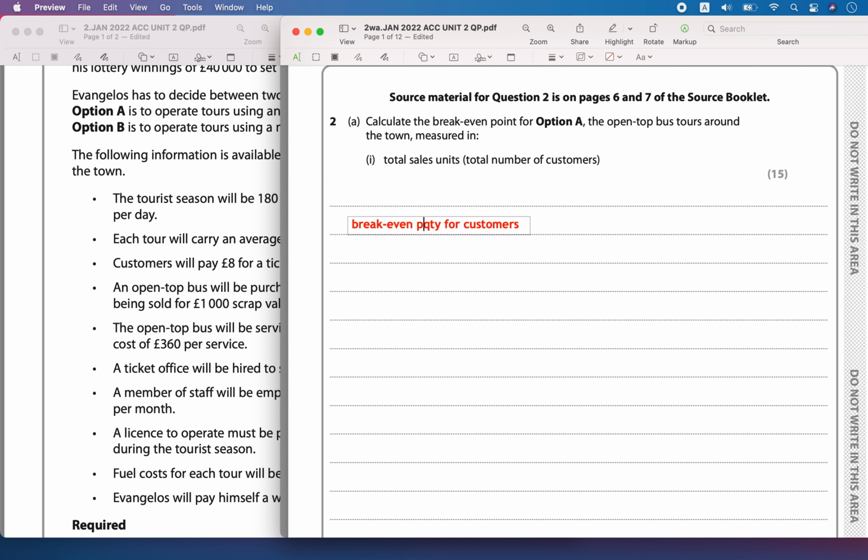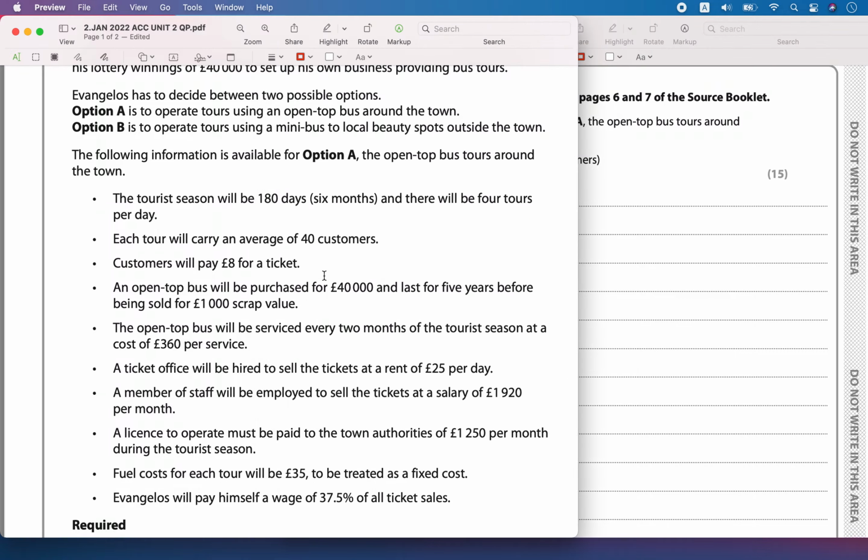What is the number of customers needed to break even, where they make no loss or profit, so that they will have no loss or profit in this option?